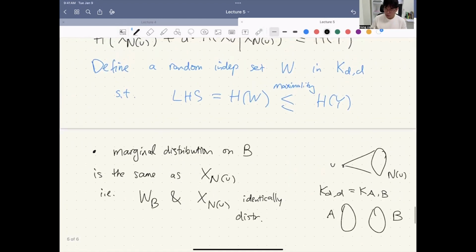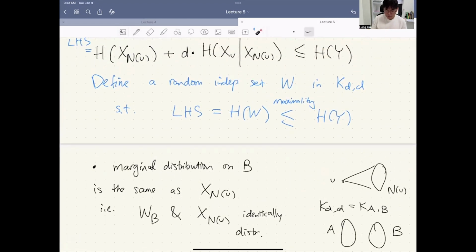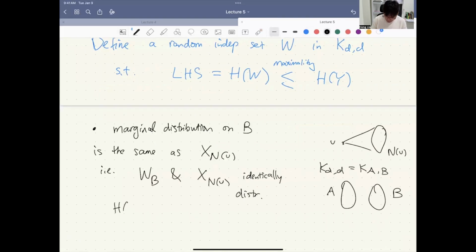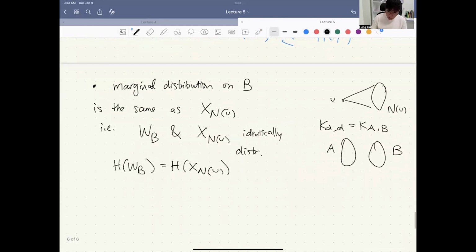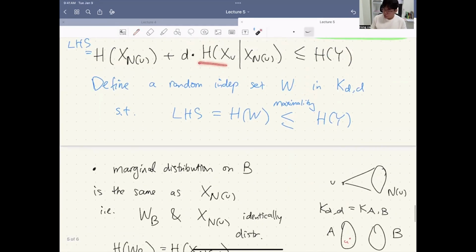Okay, then what does that mean? That means HWB equals HXMV. Okay, second step. For every vertex U in here, its conditional distribution, conditioned on B, is the same as XV conditioned on XMV.